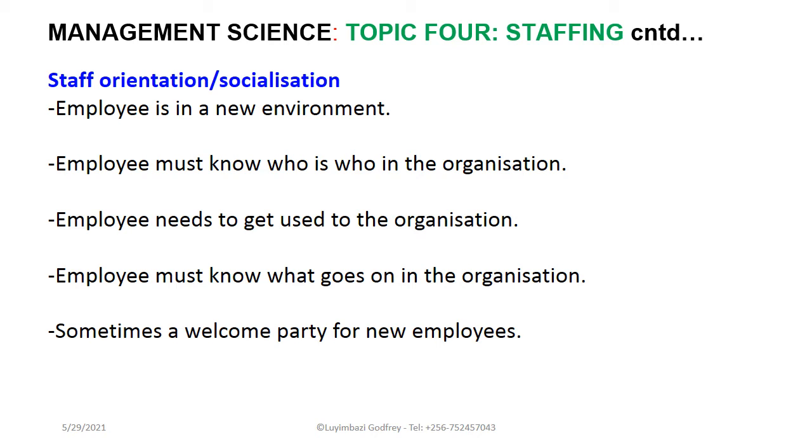The employee must get used to the members of staff that this employee has found in this organization. And this is part of staff orientation, part of staff socialization for new members of staff.